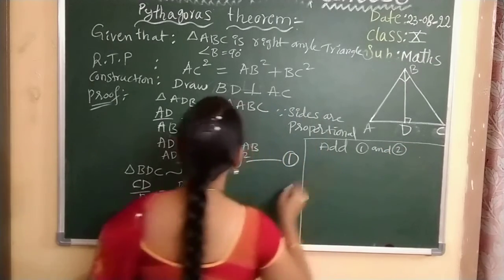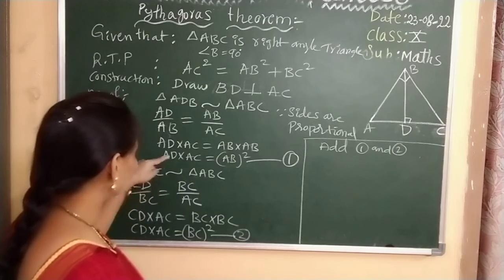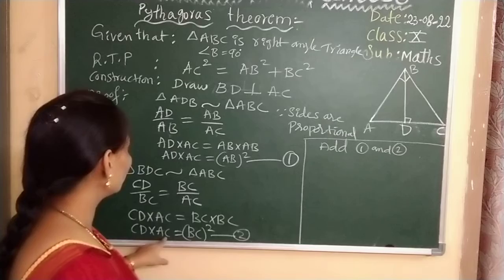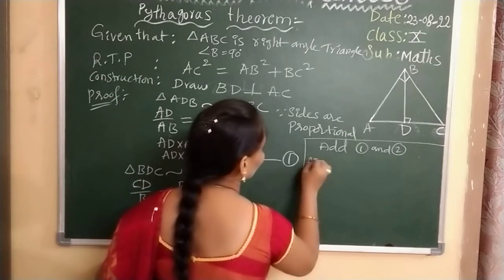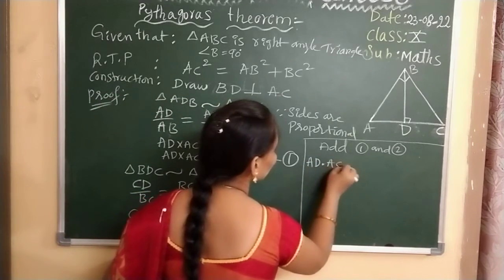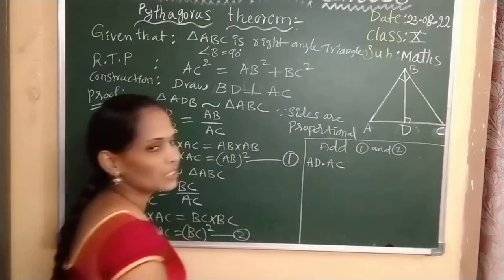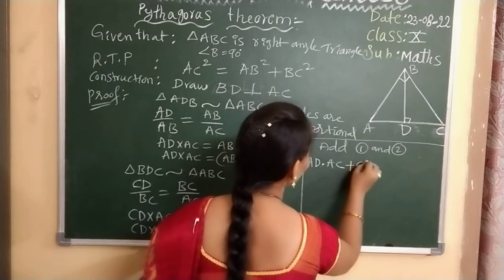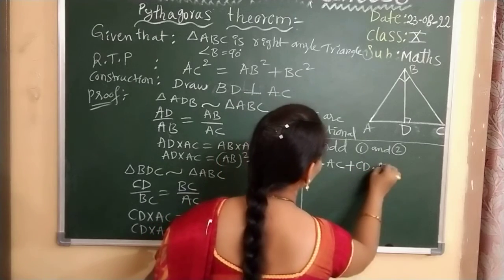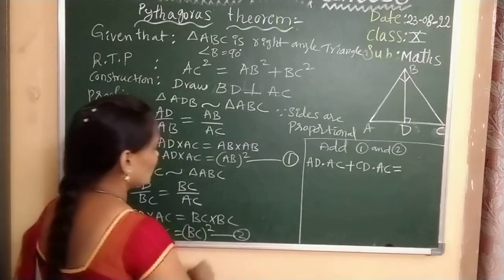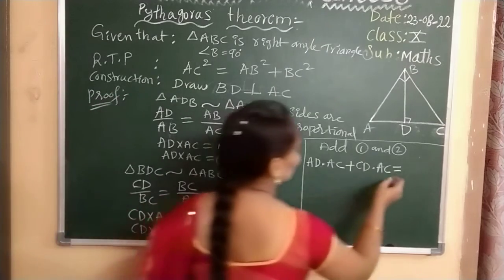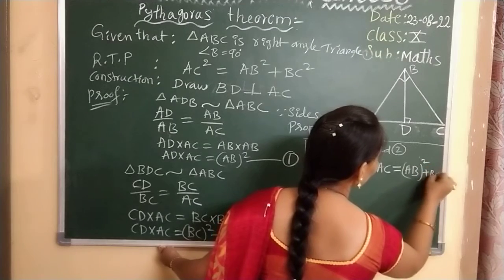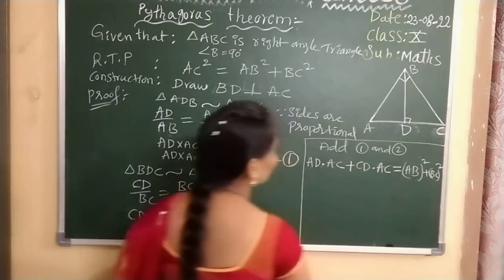If you add 1 and 2, first add the LHS: AD into AC, just taking the multiplication symbol as dot, plus CD into AC, which is equal to AB square plus BC square on the RHS.